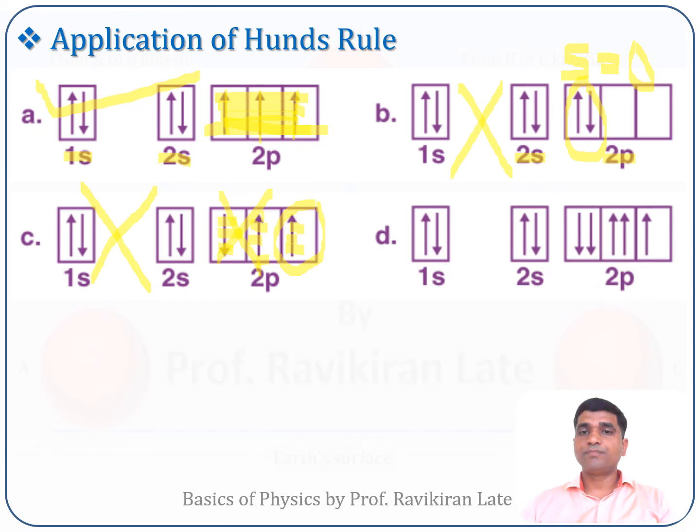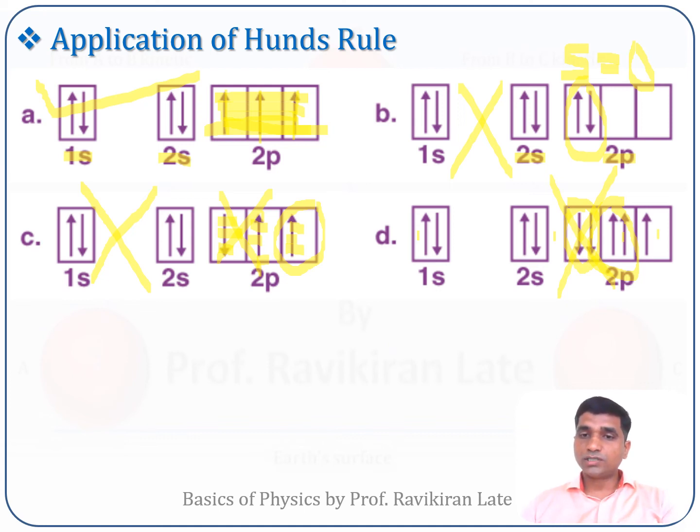Instead of that, the electron will try to go into the next 2p orbital, that is 2py. The same is the case you can consider over here. In this case 2 plus 2 plus 2 plus 2 plus 1, that is a total of 9 electrons. The first 2 electrons have the same spin configuration, and the next 2 electrons also have the same spin configuration, which violates Pauli's exclusion principle, because no 2 electrons in a given atom can have the same set of quantum numbers.